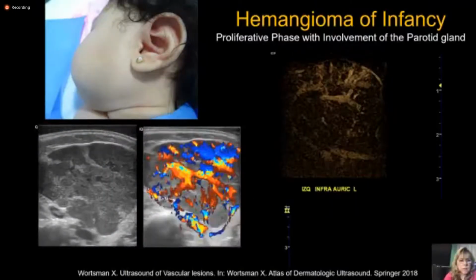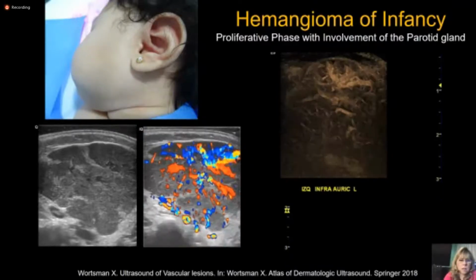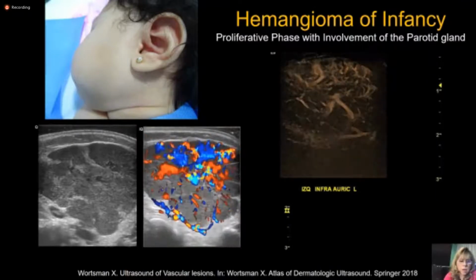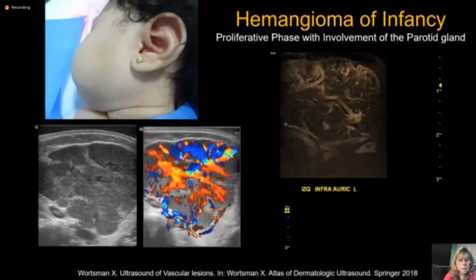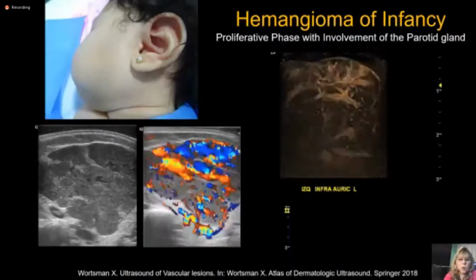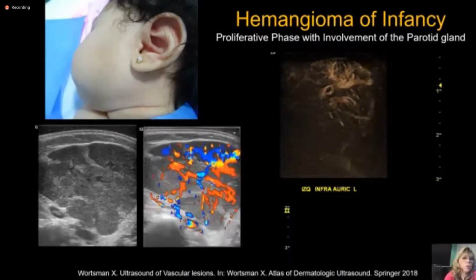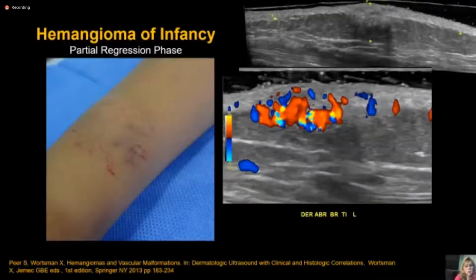This is another case of hemangioma of infancy, and in this case, the hemangioma is involving the parotid gland. When the hemangioma involves deeper tissues and is in proliferative phase, it tends to be more well-defined in comparison with the most superficial hemangiomas. This is a case showing a hemangioma in partial regression phase.